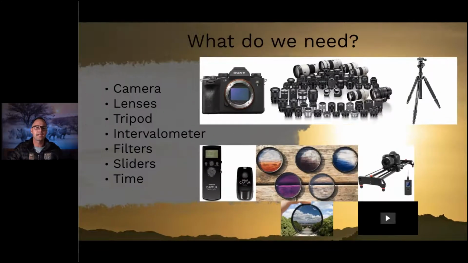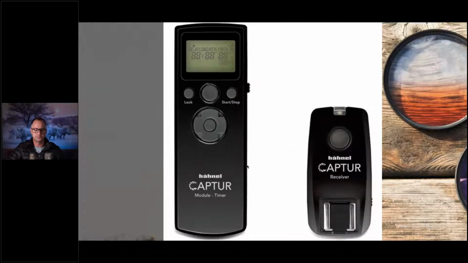The next thing is an intervalometer. So an intervalometer effectively is a device either built into your camera or that you plug in. So this is one that I carry with me. It's called a Untitled Chapter. And I plug this top one here into the camera, and then I have a remote trigger.